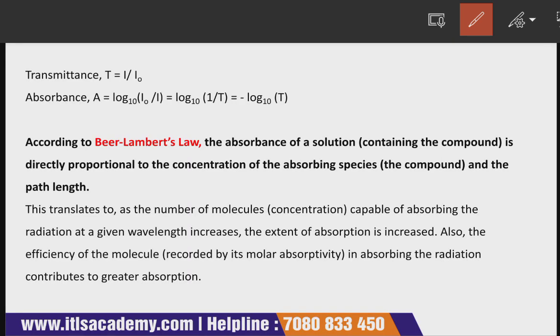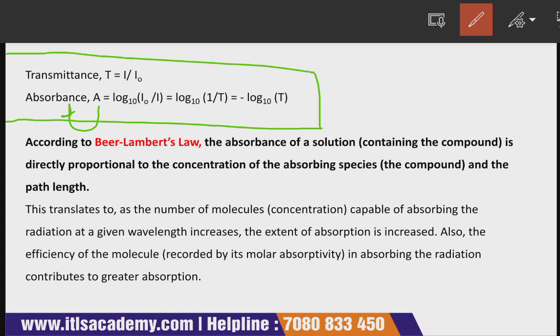Now moving to the next, absorbance is A. A stands for absorbance. A is equal to log10 I0 by I, that is equal to log10 1 by T, which is equal to minus log10 T. This formula is very important whenever you are studying the Beer-Lambert law.